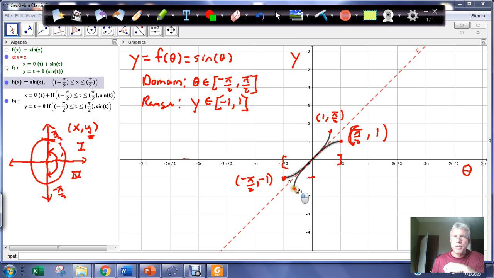And here, this point is going to be input negative 1, output negative pi over 2. The inverse function. And what does the inverse function do? The inputs to the original function were angles theta. So the inverse function, the outputs are going to be angles theta.